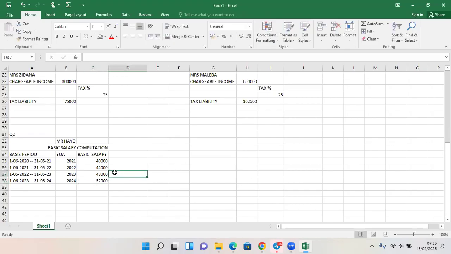So our distance will be between here and here. For the basic salary, it will be between here and here because we have 5 months in 2023 and then 7 months in 2024.